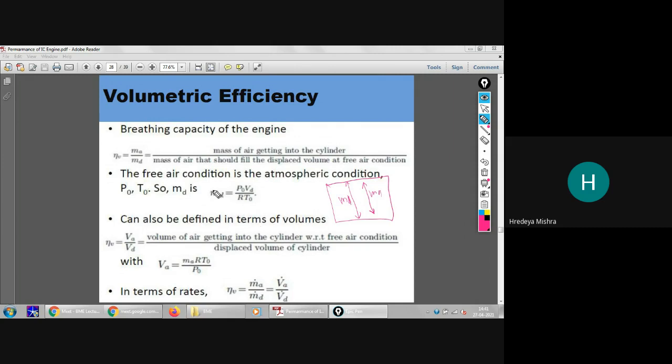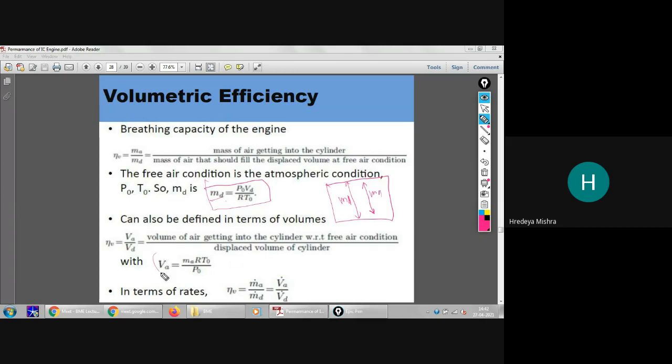So the free air condition is the atmospheric condition, P naught, T naught. So MD equals P naught into VD over R T naught. Here we can find out the MD and put it here. It can also be defined in terms of volume, VA upon VD: volume of air getting into the cylinder chamber and displaced volume of the cylinder.